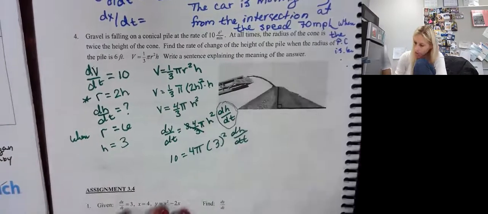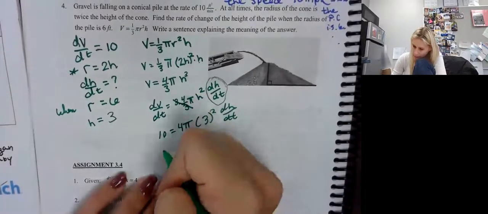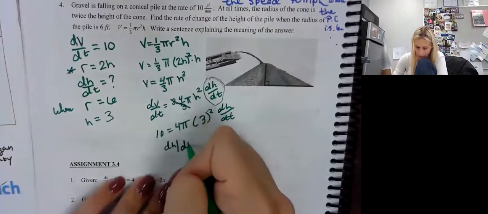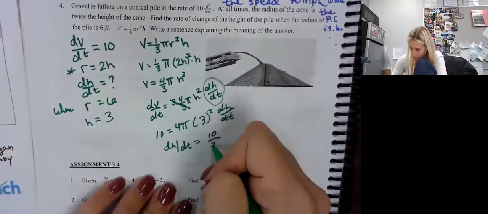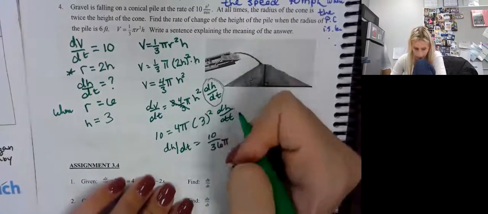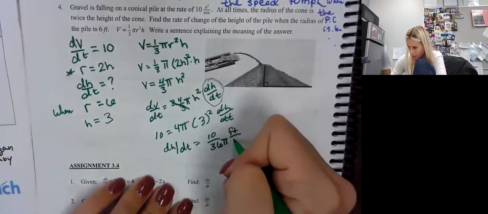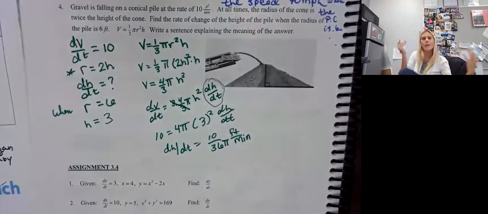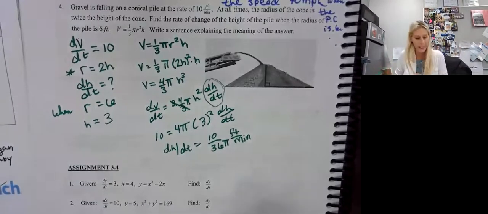And then we solve. What I would do, guys, is keep it in pi, because then it's nice and easy. So we end up with dh/dt equals 10 over 36 pi. And of course, our rates are in feet per minute. Now, I don't say feet cubed, because feet cubed is not a height, it's a volume. So we have to keep that in mind.